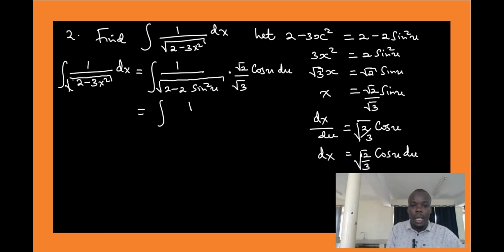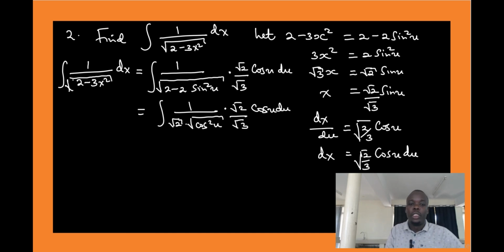So I can say 1 out of, first of all, root 2 here, because when I pull out the 2, it will be 2 within the square root. Then I also have a square root of 1 minus sine squared, which is cos squared of u, times root 2 out of root 3 cos of u du.